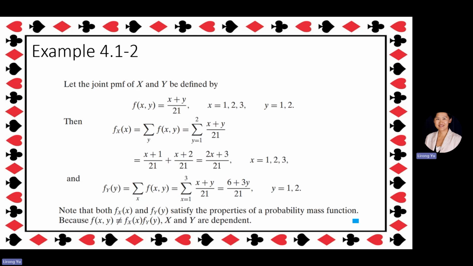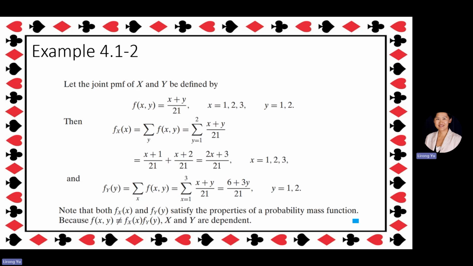You add x plus y over 21, which is the joint probability, for y equal to 1 and y equal to 2. If y equals 1, x plus 1 over 21. If y equals 2, x plus 2 over 21. Adding them, we get 2x plus 3 over 21. That is the marginal distribution for x.